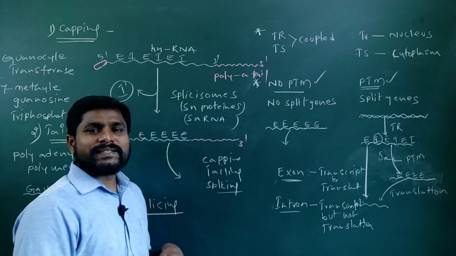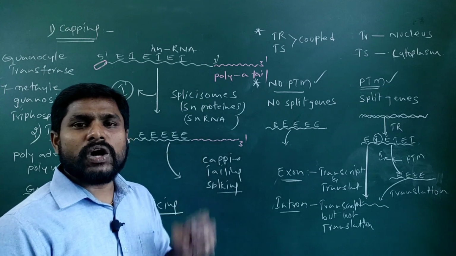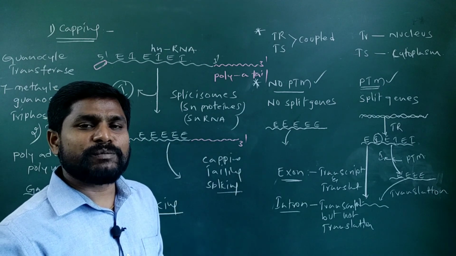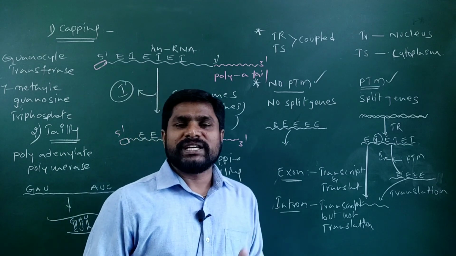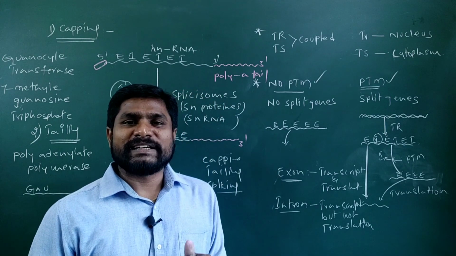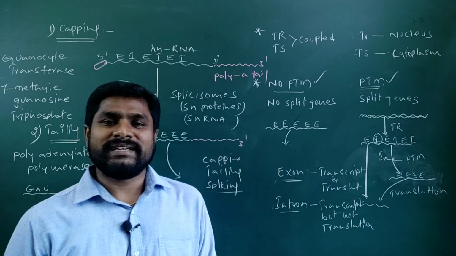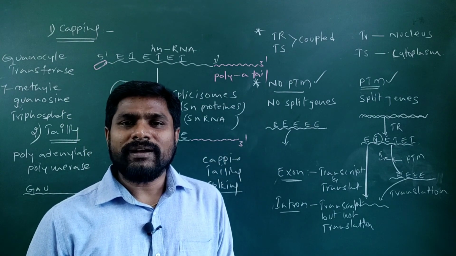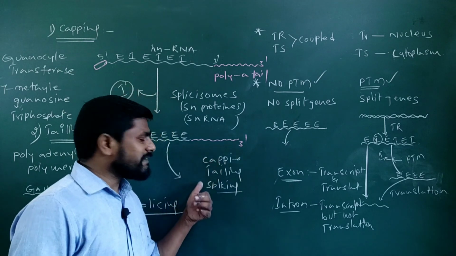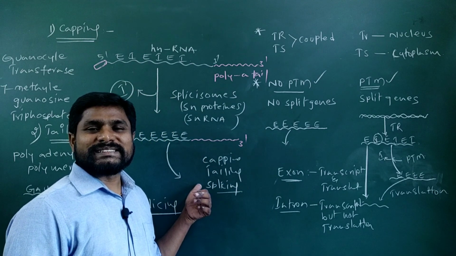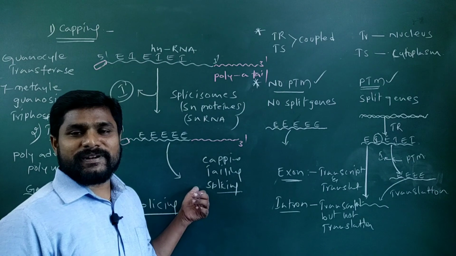The reason behind telling this sequential order is that in our textbook they have given in the diagram that capping is followed by splicing, and splicing followed by tailing, but that is wrong. This is the correct sequence of chemical modifications that occurs in post-transcriptional modifications.